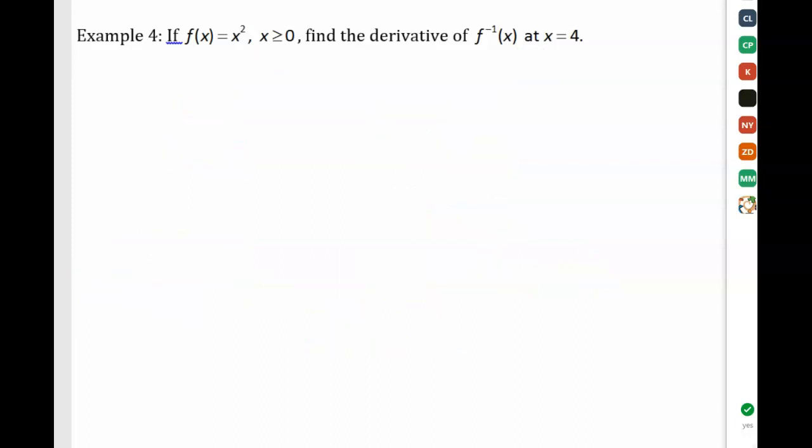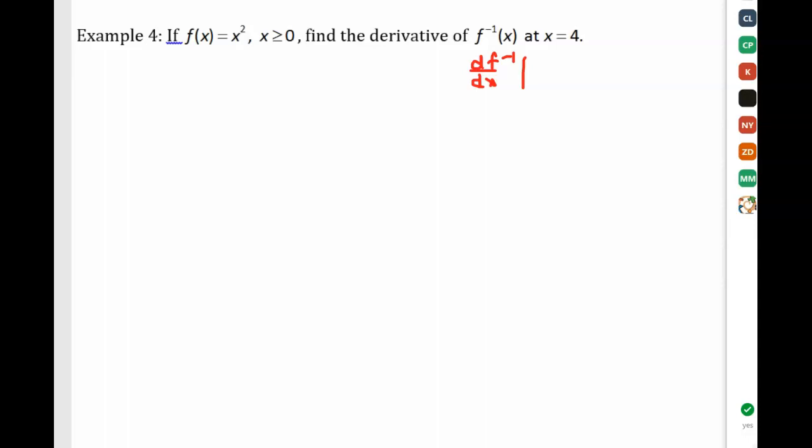If f of x equals x squared and x is greater than or equal to 0, find the derivative of f inverse x at x equals 4. So again, we're trying to find the derivative of f inverse x at x equals 4. But 4 is not the y value in this case, it's the x value.